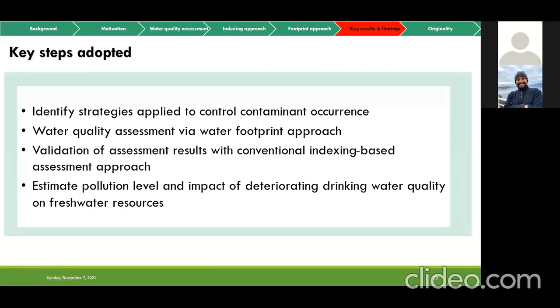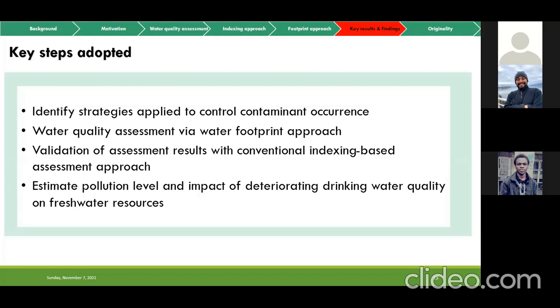What I did is simply map water pollution on the scale of water footprint and compare the result with established approaches, the conventional indexing-based approach, the Canadian Water Quality Index, and see how similar the results were. Fortunately, the results were very similar, and the approach that I developed became validated.